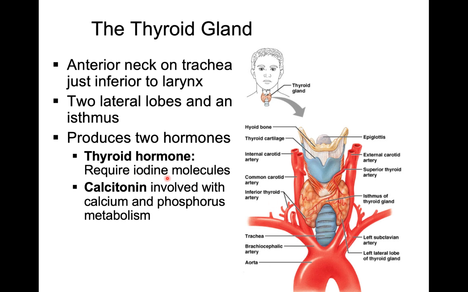Now, iodine is not something that's naturally found in just foods that we eat on a daily basis. This is why salt comes in an iodized form. They add the iodine to the salt to help with thyroid function. This gland will also produce calcitonin, and we'll talk about its function in just a moment.